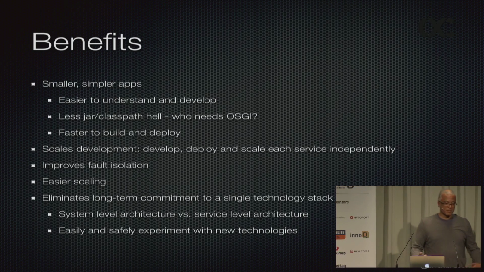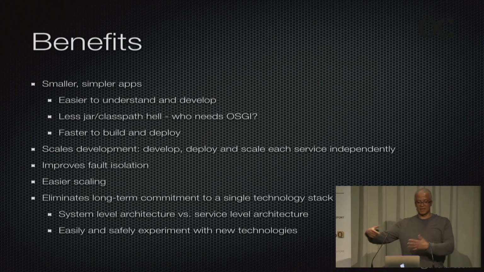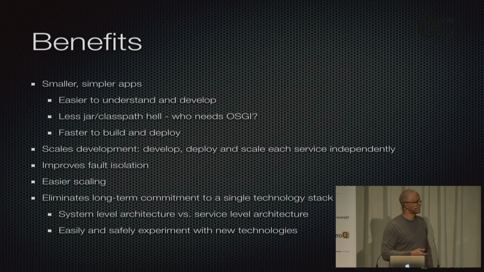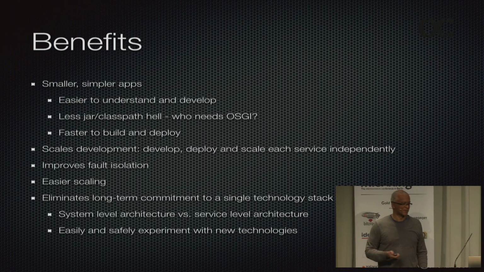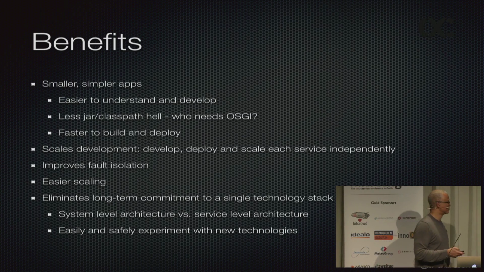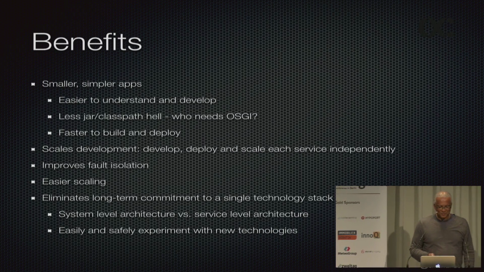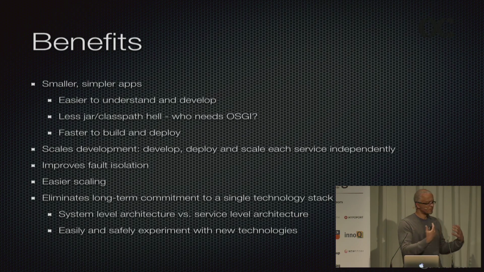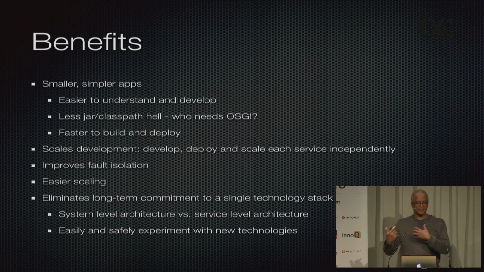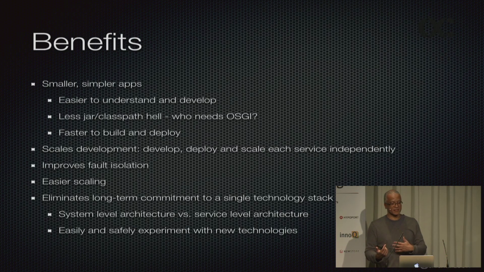So maybe one day it's Java, and maybe for some reason you'll want to rewrite it in Rust, for instance, or Haskell. I like Haskell. It also gives you the opportunity to safely experiment with new technologies, because you're never making a massive commitment to a given technology, which is good.